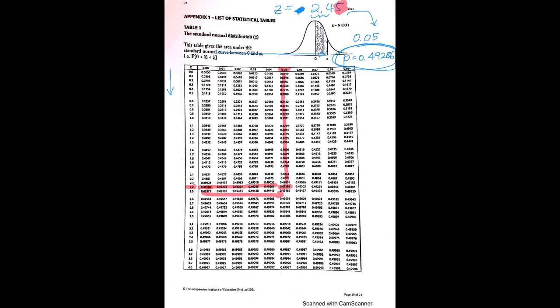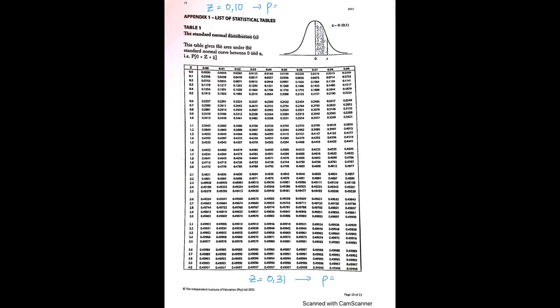Okay, so one Z value was 0.1. We'll determine its respective p-value. And then the other Z value, I'll write that at the bottom, was 0.31, and we'll determine its respective p-value. So 0.10. The 0.1 you're going to locate coming down the first column.